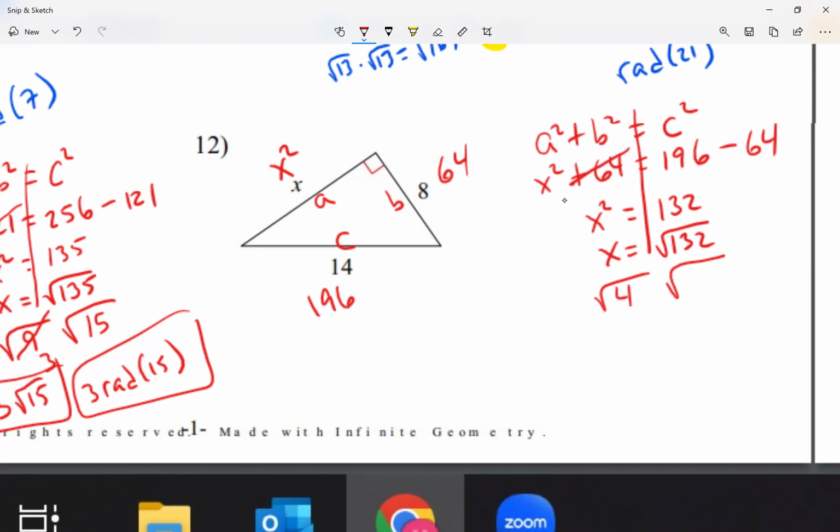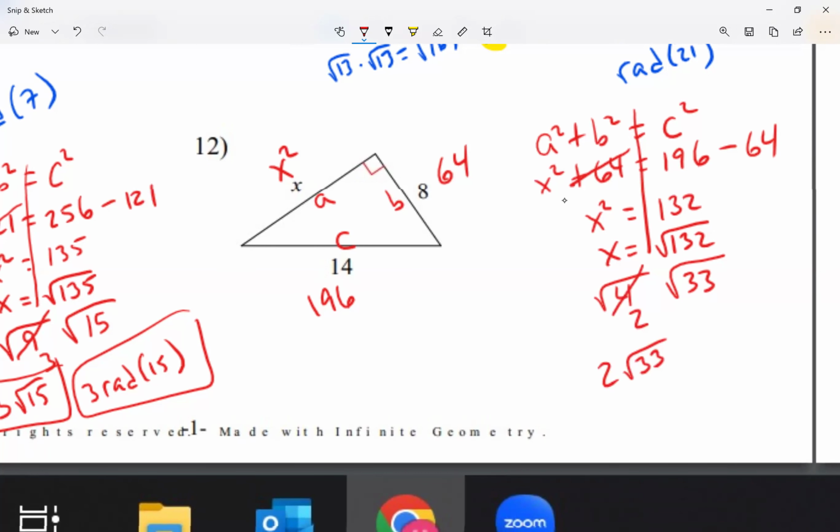Use a calculator if you need to. 132 divided by 4 gives me 33. Okay, not a decimal, so that's good. So that basically tells me that 4 times 33 is 132. The square root of 4 is a whole number, right? Square root of 4 is 2. So my answer here will be 2 radical 33.